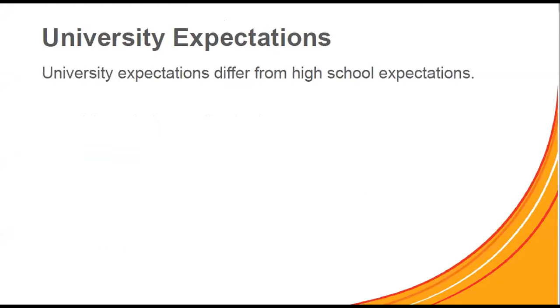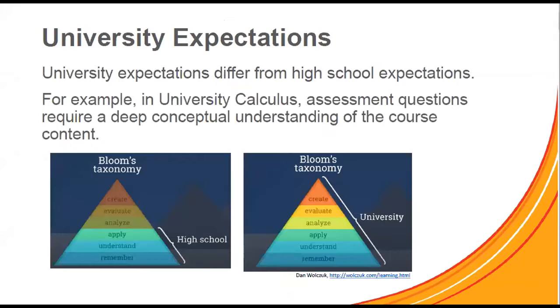Okay, so another way that university may differ from high school is just the expectations. Of course it depends on your high school and what teacher you had, but in general, university expectations often differ from high school expectations. For example, in university calculus, one major change a lot of our students see is in the types of questions we ask and the things they focus on.